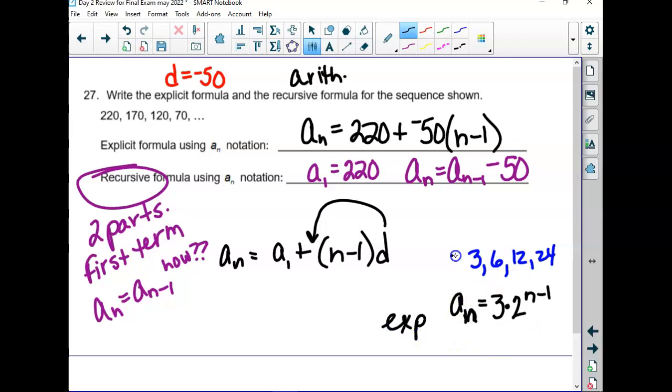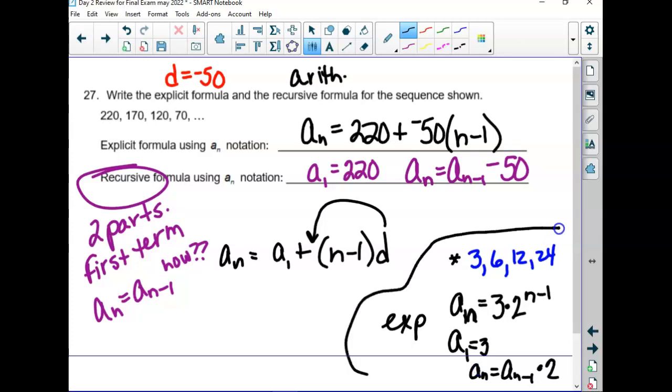This is my little sequence right here. I made one up. Am I doing okay? Didn't mess this up, did I? a sub 1 equals 3, and a sub n would be a sub n minus 1 times 2. That was just an example of what the explicit and recursive would look like if it had been geometric. Everybody good? Okay.